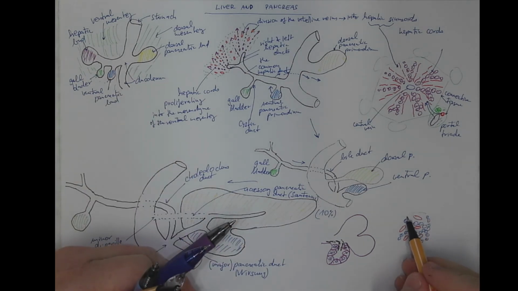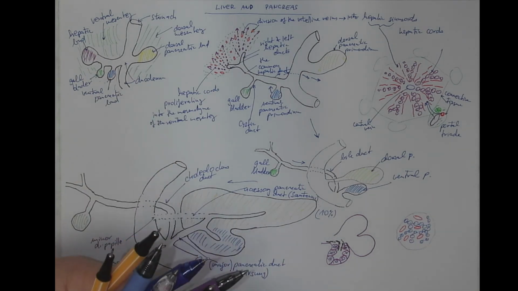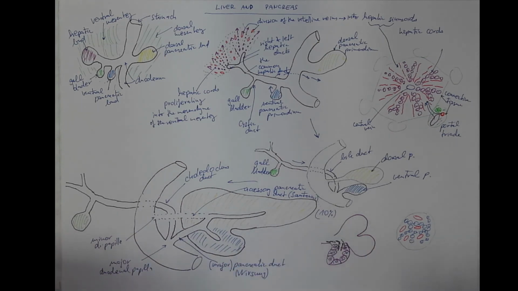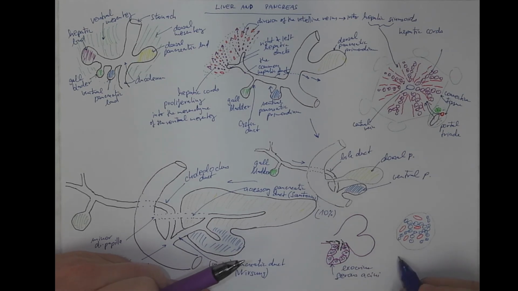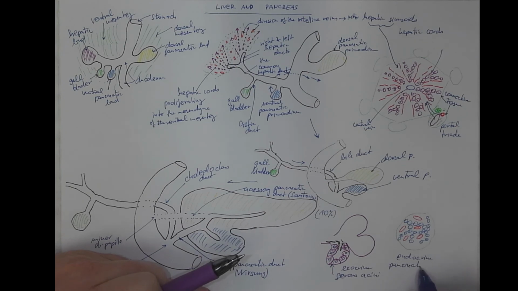So just to remind you of the fact that we got both exocrine serous acini in the pancreas, as well as the endocrine pancreatic islets of Langerhans.